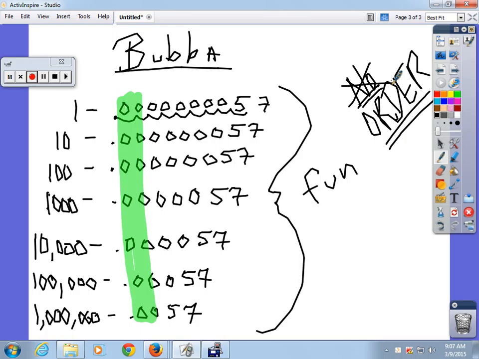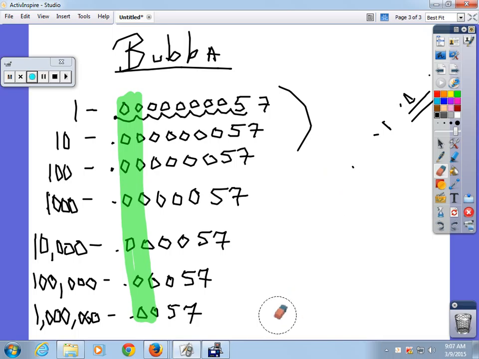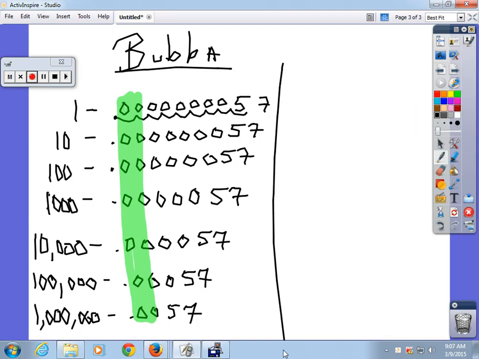So I will erase all this. Put a line here. And let's just do the first one.